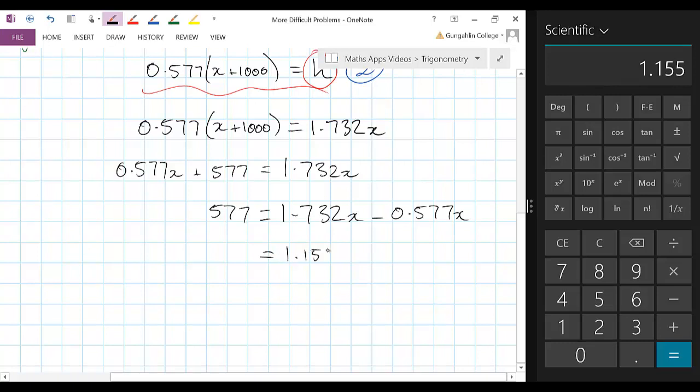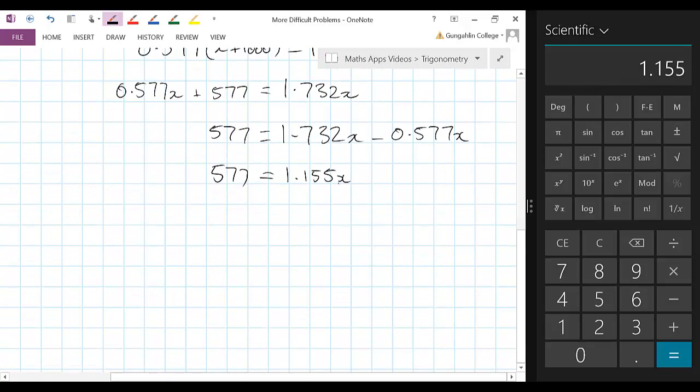Finally, I need to solve for x, so I'm going to divide by 1.155. 577 divided by 1.155, and I get, I'm going to round it to the nearest whole number because it's nicer. x is going to be equal to 500.